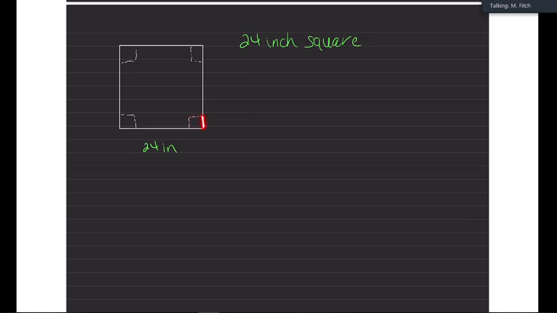So if I cut 2 inches off of here, I have to cut 2 inches off of here. So we know that they have to be the same. So this piece would be X, this piece would be X, and that would be true all the way around because we want our box to look better than my box. We want it to be a perfect little box. So all those pieces that we cut off all have to be the same dimension. So they'd all be X's.